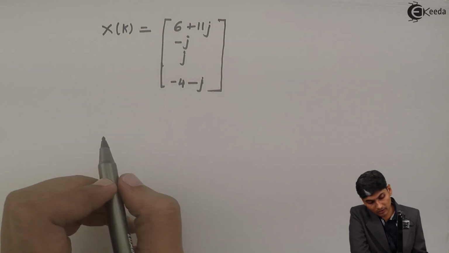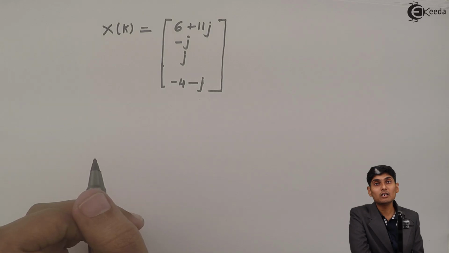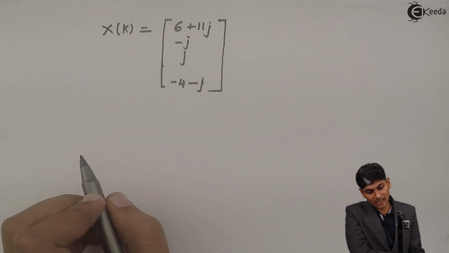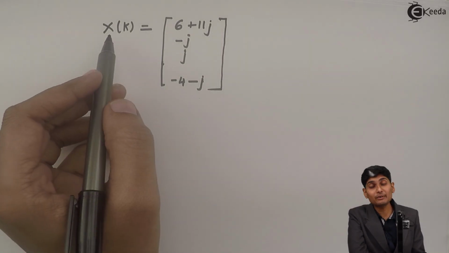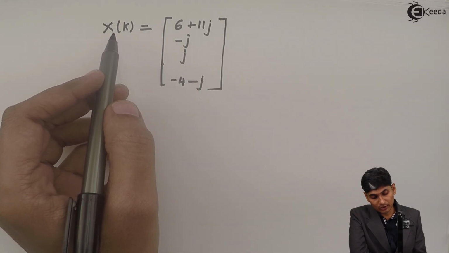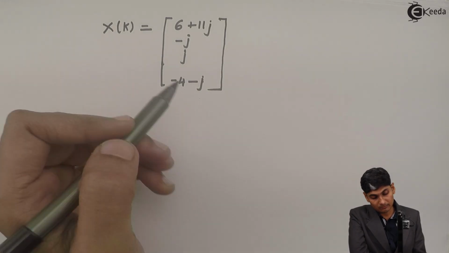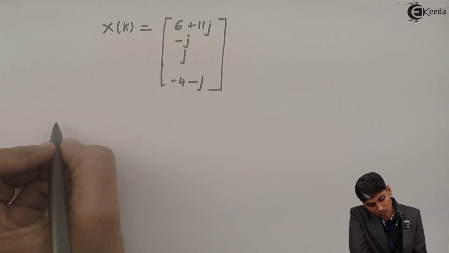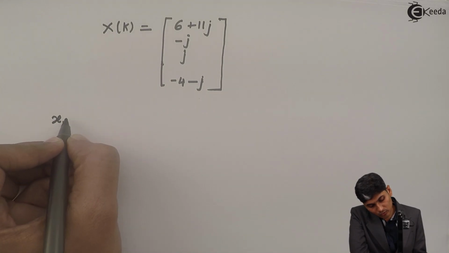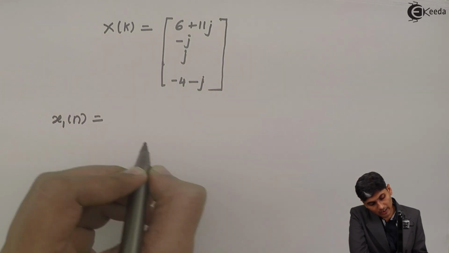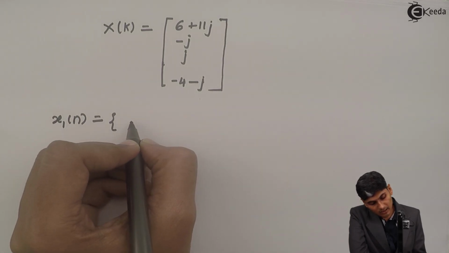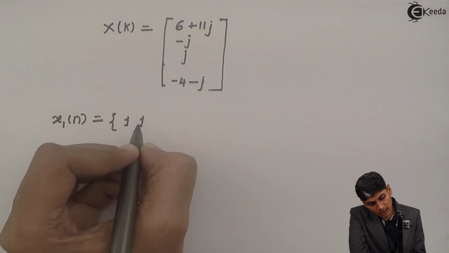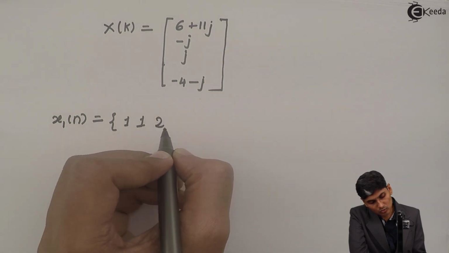Now since we have obtained x of k and we wanted to go for x1 of k and x2 of k, let us first write what is x1 of n. So x1 of n is 1, 1, 2, 2.